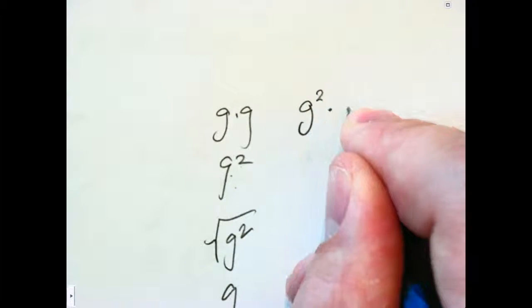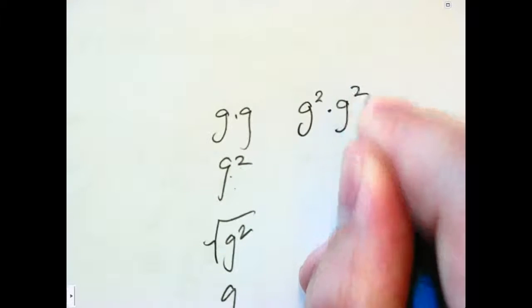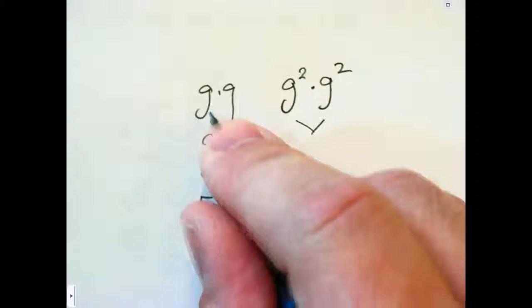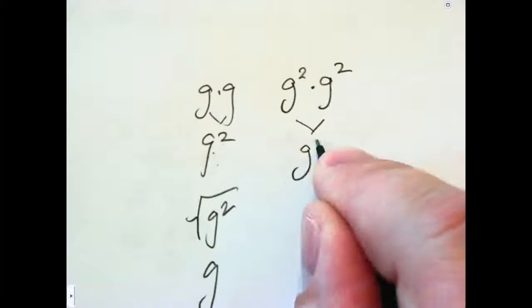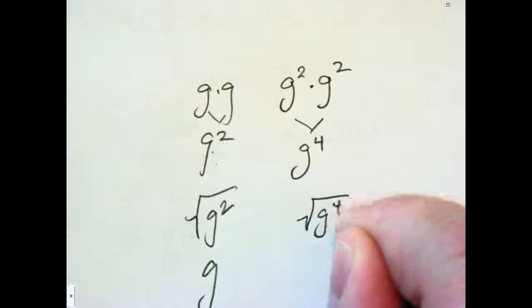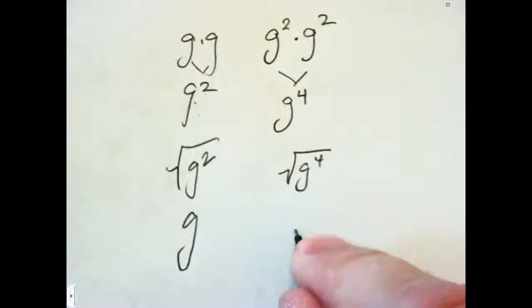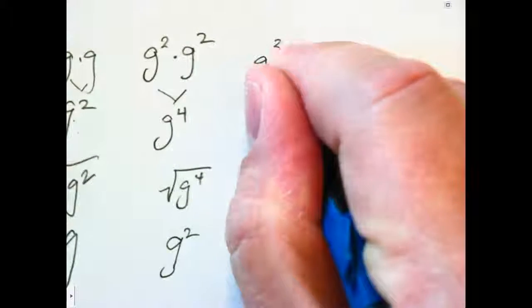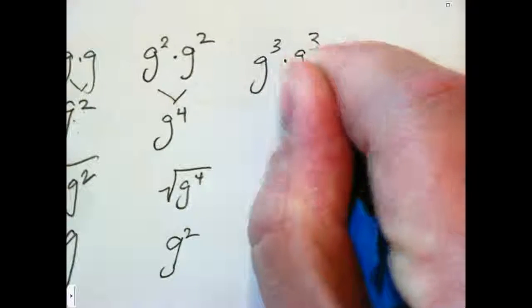Okay. How about g squared times g squared? What's that equal? It's g to the 4th. So the square root of g to the 4th is what? G to the 2nd. Okay, well what's g to the 3rd times g to the 3rd?